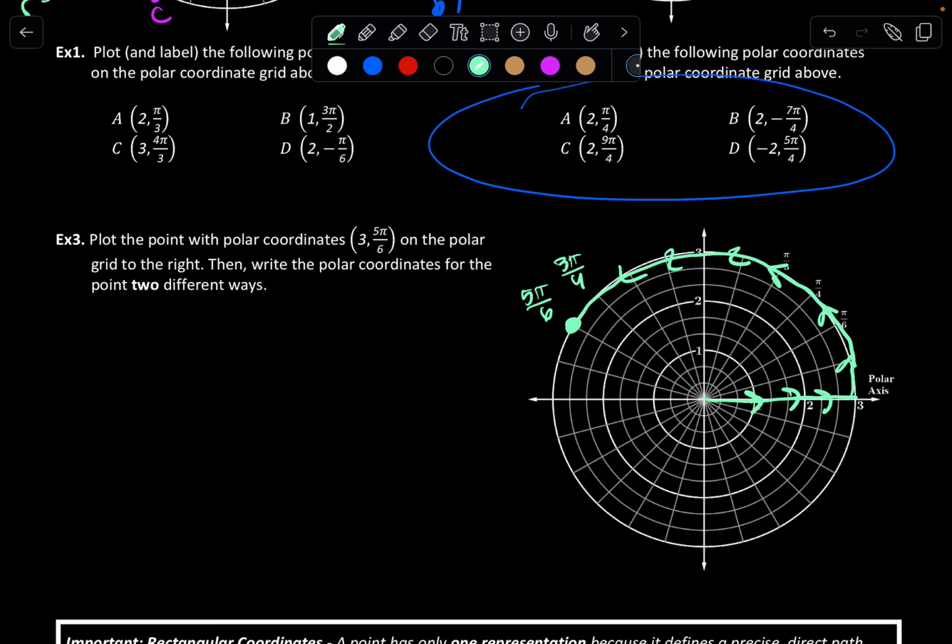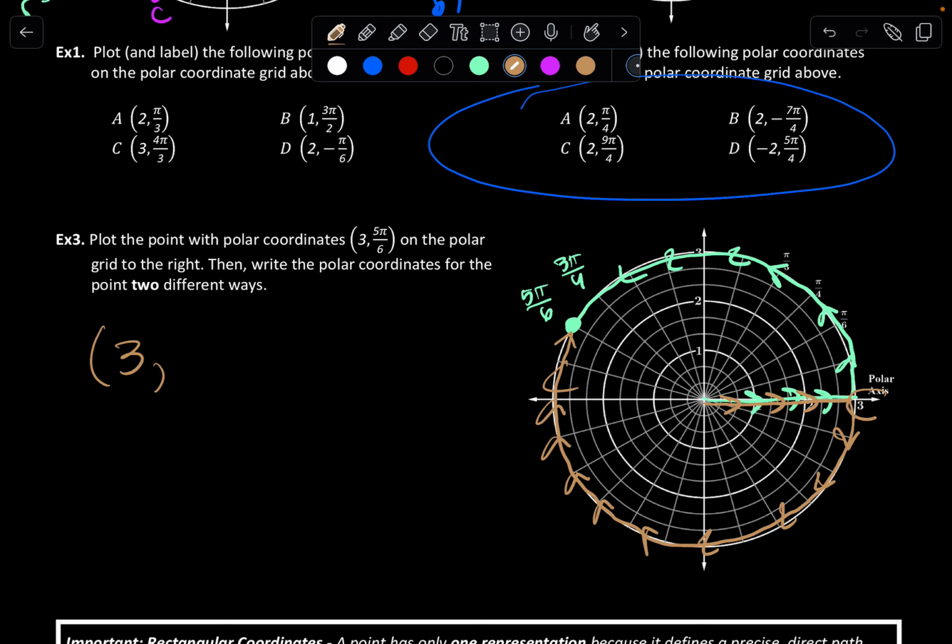All right, so now we want another way to write this. A classical way is to extend out 3, and then instead of going counterclockwise, we go clockwise, and we end up here. So I still have a positive radius, but now I'm at 5 pi over 6 traveling the opposite direction.